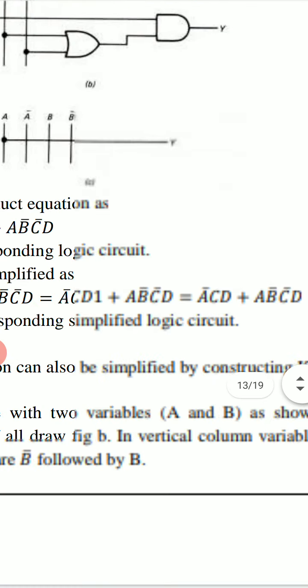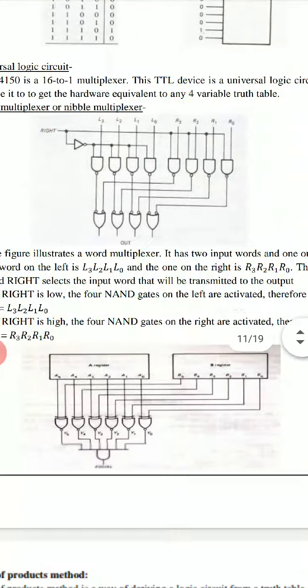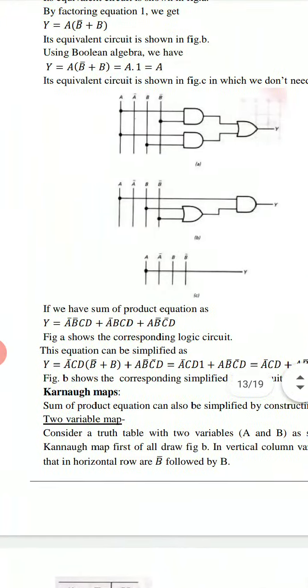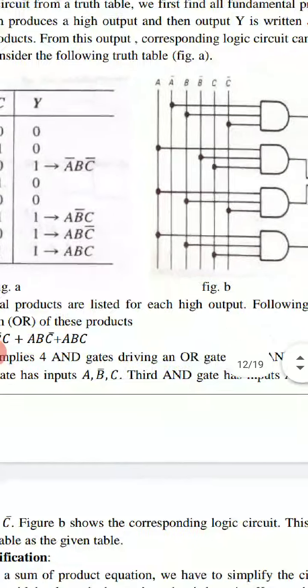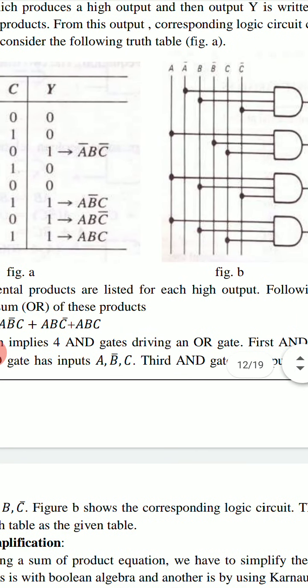In one AND gate, the inputs must be A bar, B and C bar, which is one of the fundamental products. In the second AND gate, we must have inputs A, B bar and C, which is the second fundamental product, and so on.